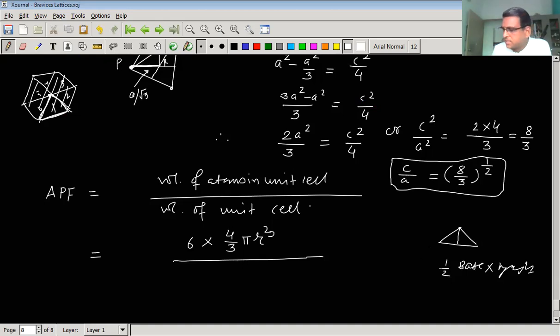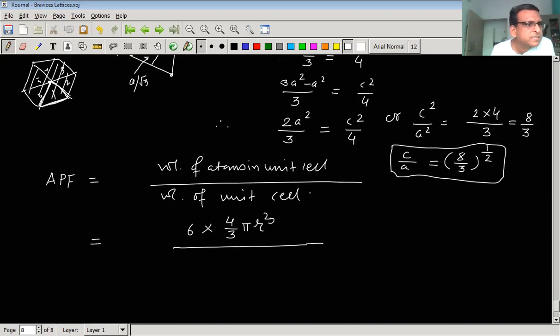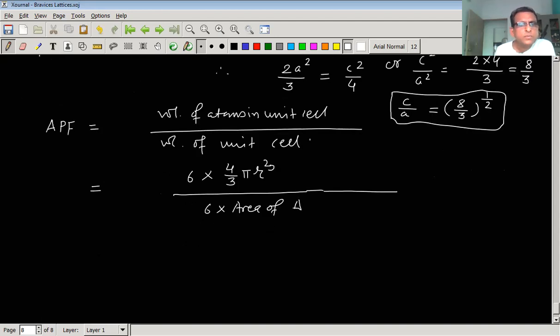So these parameters in our present case happen to be, now what is base? Base is nothing but A. So base is A. So we can write 6 into area of triangle. So this will be again equal to 6 into 4 by 3 pi r cube divided by 6 into area of triangle.